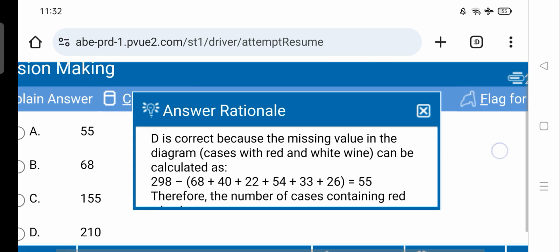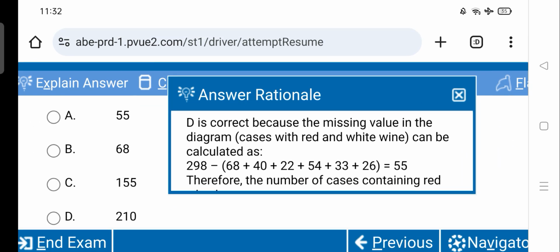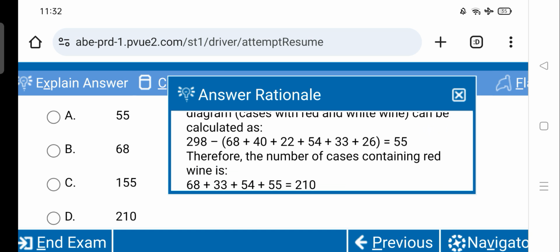It is correct because the missing value in the diagram, cases with red and white wine, can be calculated as 298 minus 68 plus 48. We will add these values first, and then with the answer of these values we will subtract it from 298, and then we will get 55.